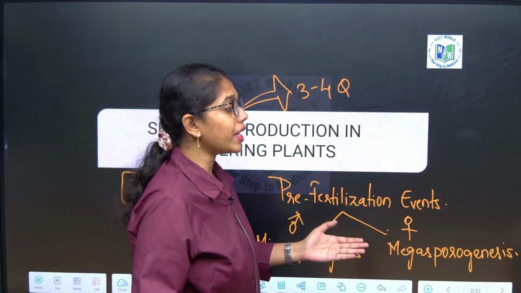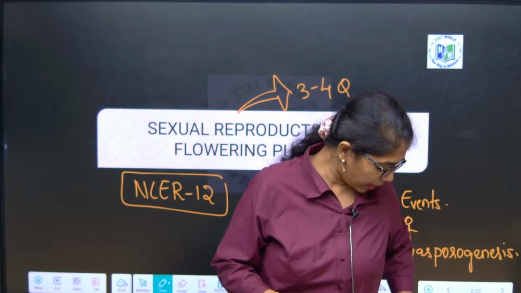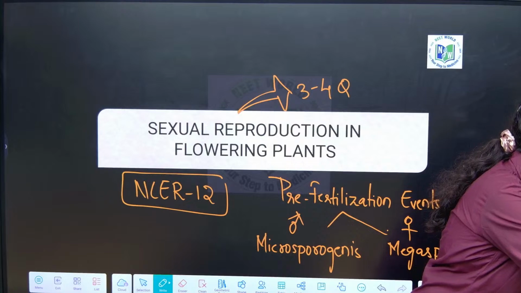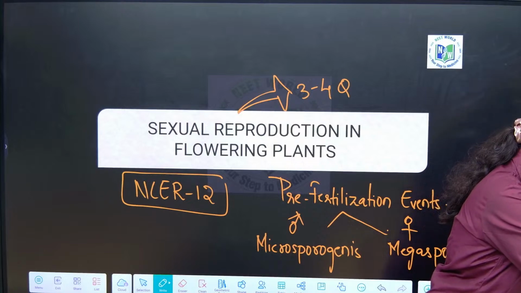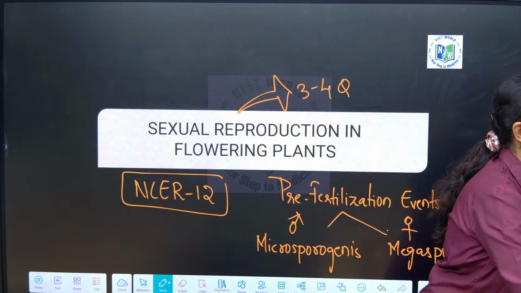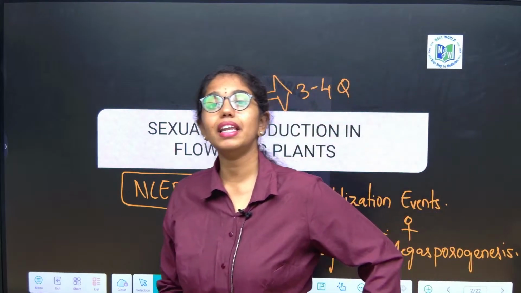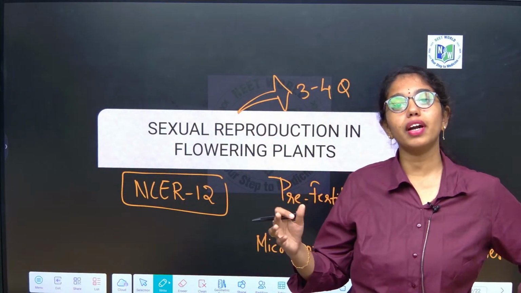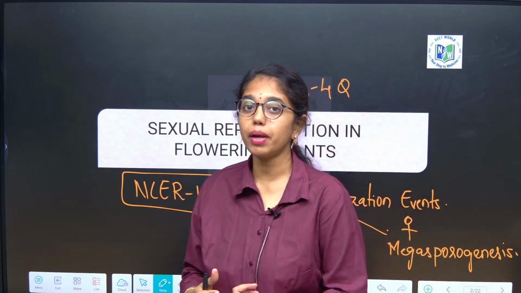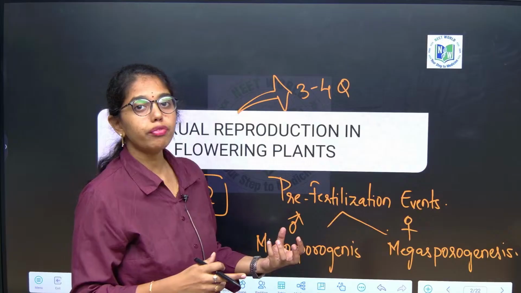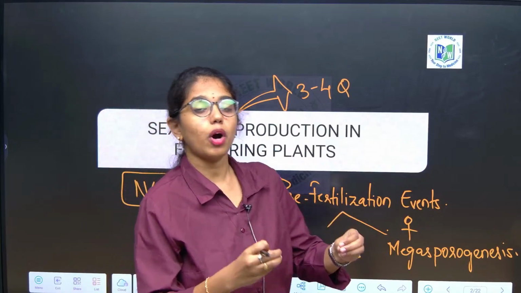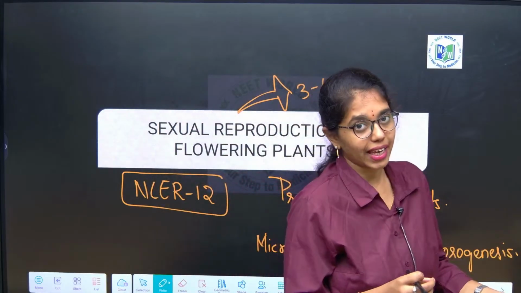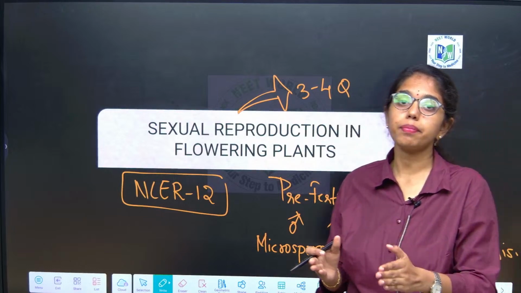After pre-fertilization events, you will be learning about pollination, double fertilization, and then post-fertilization events: endosperm development, embryo development, ovule turning to seed, and ovary wall turning to fruit, and some special features like, at last, apomixis and polyembryony.